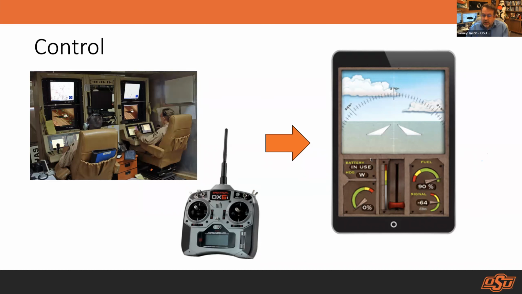But on the hobby side, these are also driven by consumers, where you have these hobby-grade controllers that are the predominant form of control for the aircraft. What we've seen over the last several years is these being driven to more of a tablet-based control, where again, you're doing less second-to-second piloting of the aircraft, and you're really focused on providing the waypoints or the trajectory of the vehicle, and the vehicle is then determining the best way to get from point A to point B.